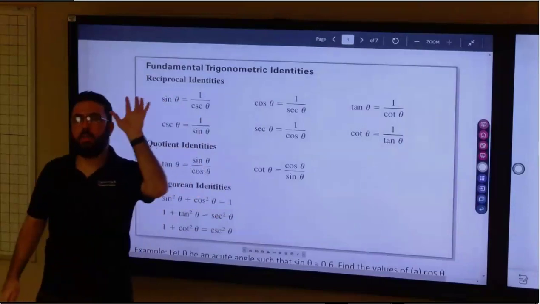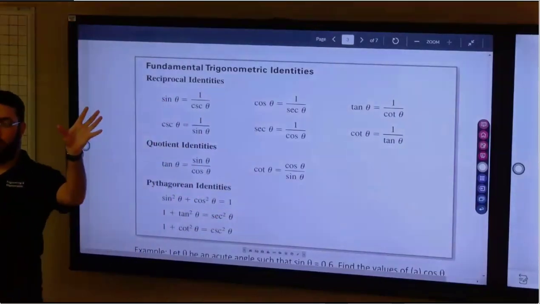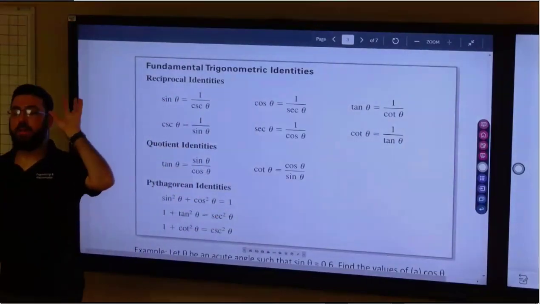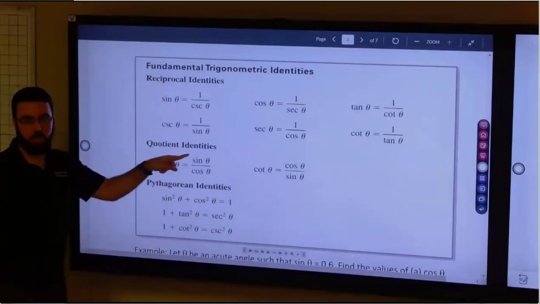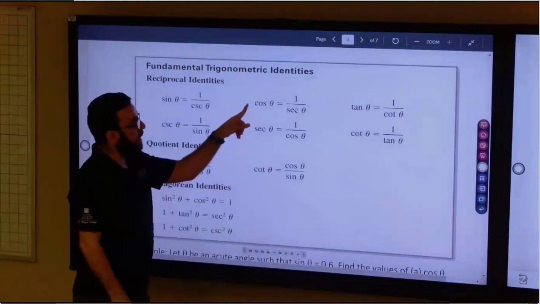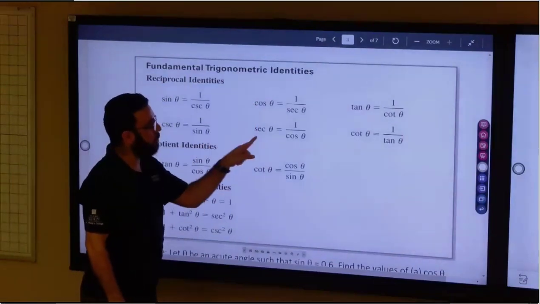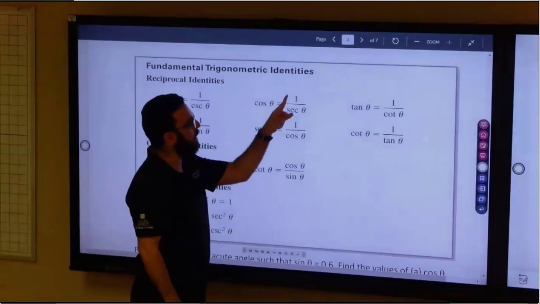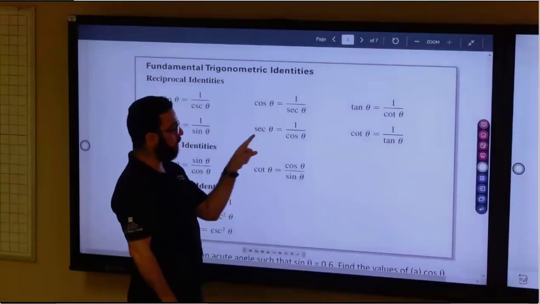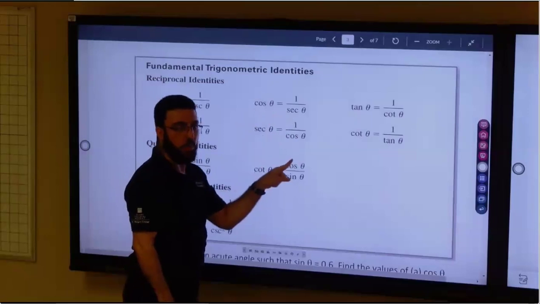So if you need to find the cosecant, it is 1 over sine. If you need to find the sine, it is 1 over cosecant. The cosine goes with the secant, the opposite. If you need to find the cosine, it is 1 over secant. If you need to find the secant, it is 1 over cosine.